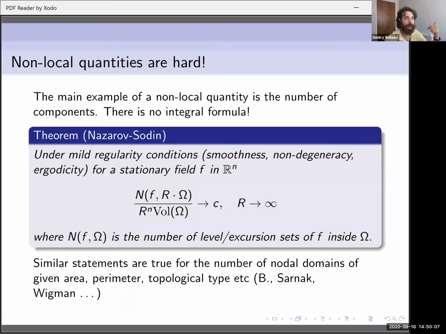So remember that N is a random variable. This random variable converges to a constant both in mean and in probability.